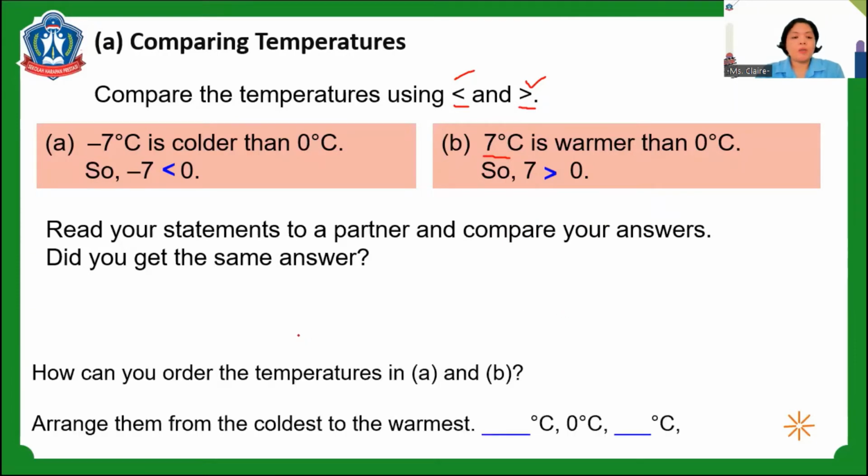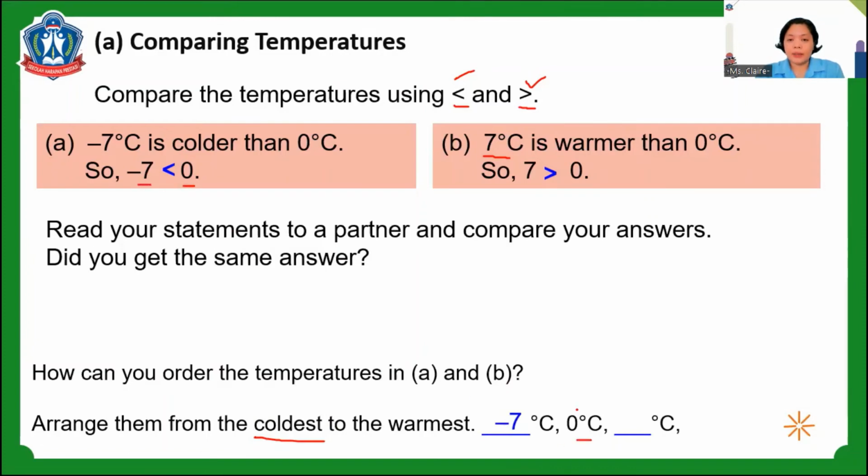Now, how can you order the temperatures in A and B? How can we arrange these numbers from the coldest to the warmest? We have -7, the coldest, which means the lowest temperature or the smallest number. Since -7 is smaller than 0, this is the smallest number.